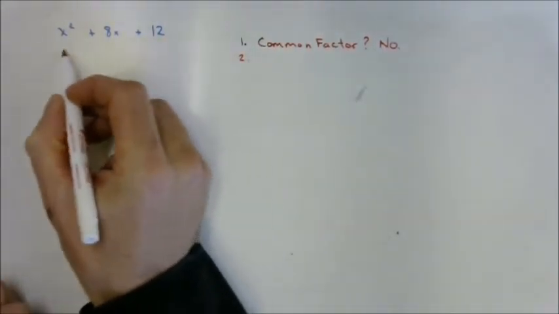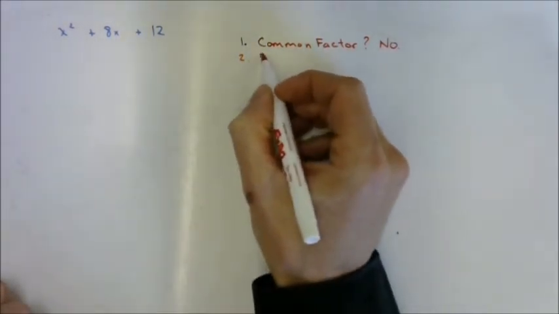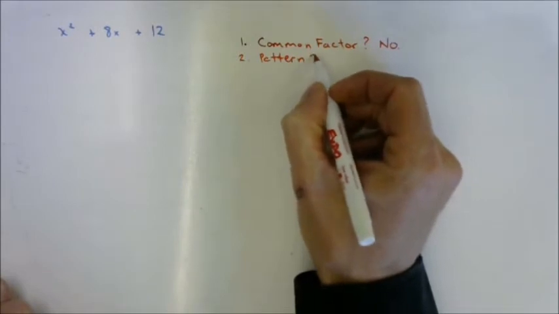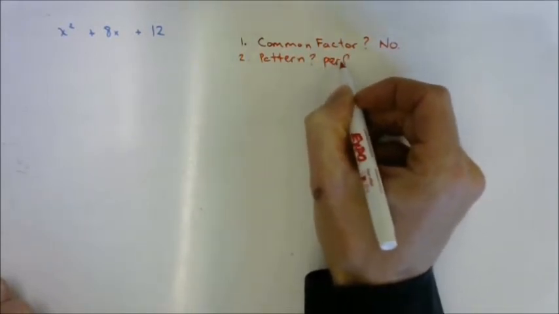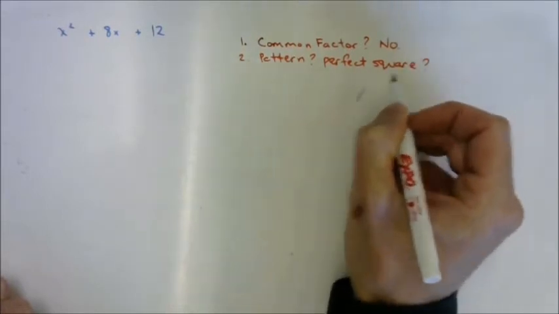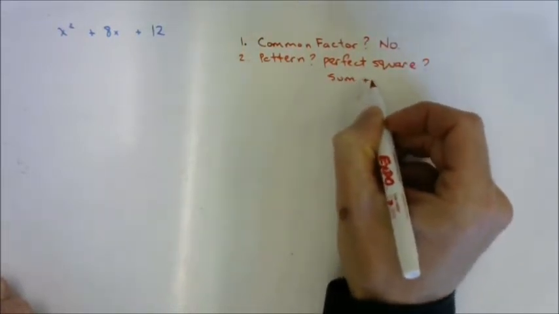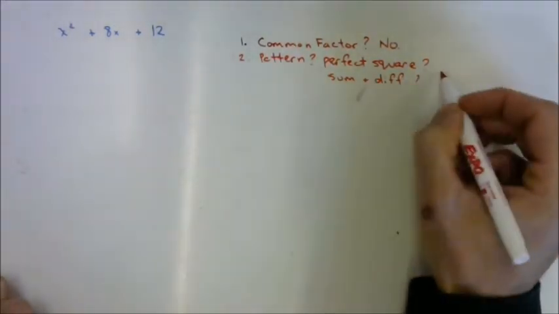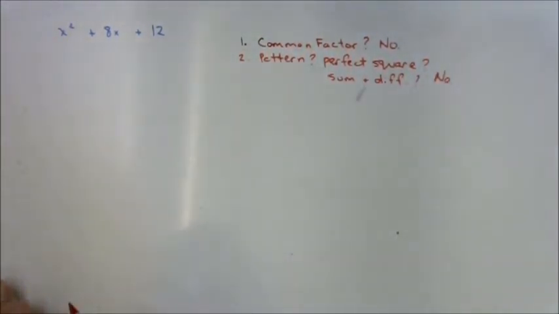Is this thing a pattern that I've seen before? Is there a pattern like a perfect square? Maybe a sum and difference. And to all of those, no recognizable patterns here.